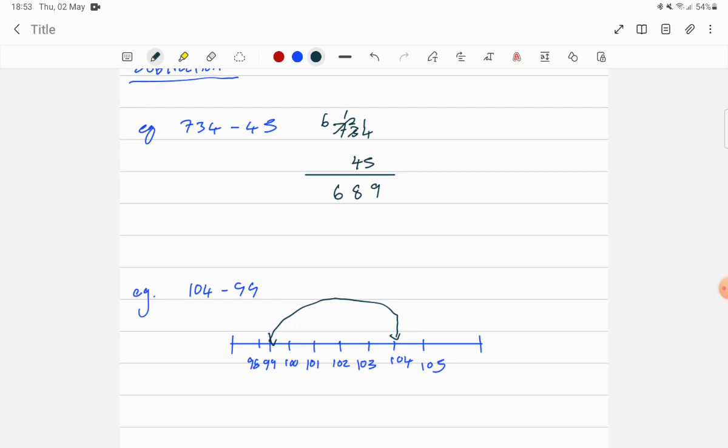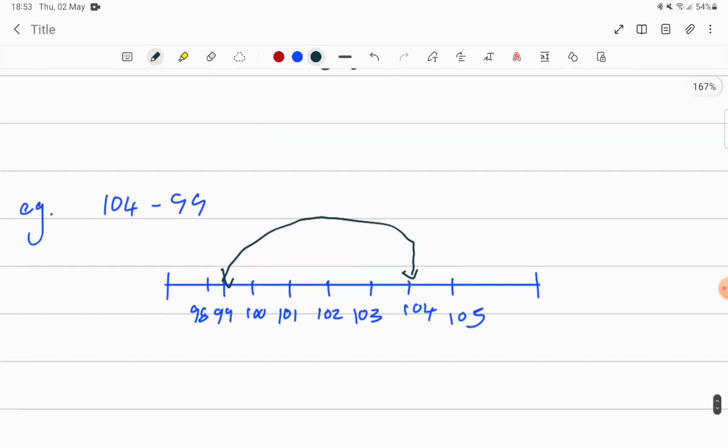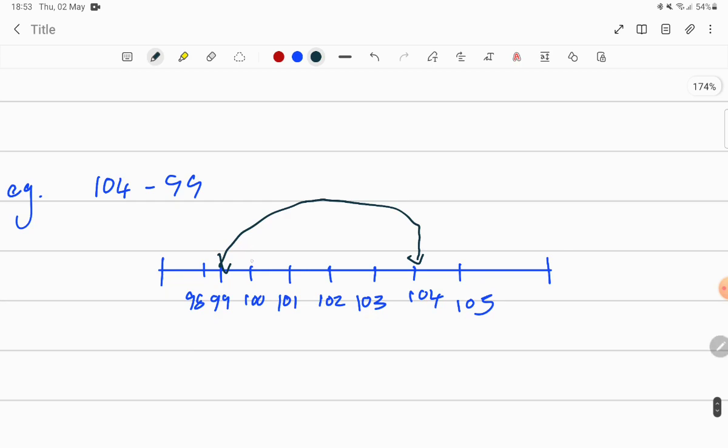So what we need to do is, if we find the difference between 99 and 104, it would take 5 steps. For example, here, if you just count the steps, this would be 1, 2, 3, 4, 5.